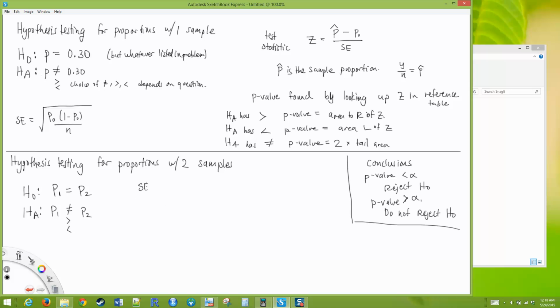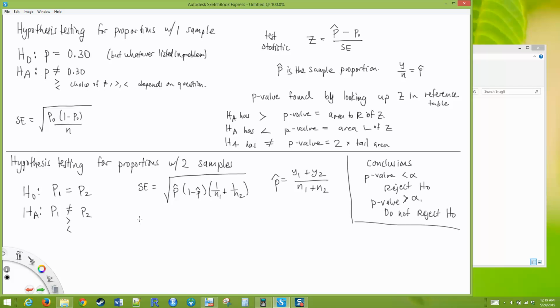Your standard error is just given by this crazy formula: the square root of p hat times 1 minus p hat times 1 over n1 plus 1 over n2, where p hat is given by y1 plus y2 over n1 plus n2. So whatever count in your problem, you combine the total number of successes in sample 1 and sample 2, and you divide by n1 plus n2.